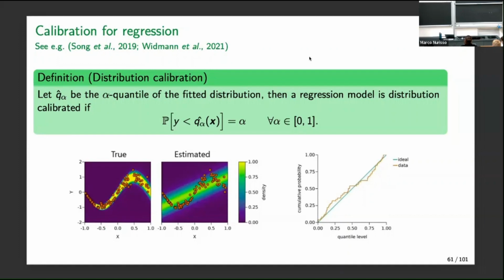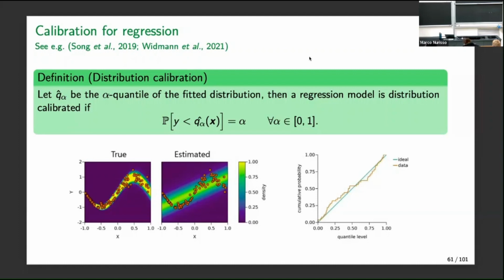There have been a few methods proposed in the literature. There are not that many papers, but the papers that have done those extensions of calibration typically look at the quantiles of the conditional distribution. And so you need to have a quantile function of your conditional distribution. So this is this Q_alpha.